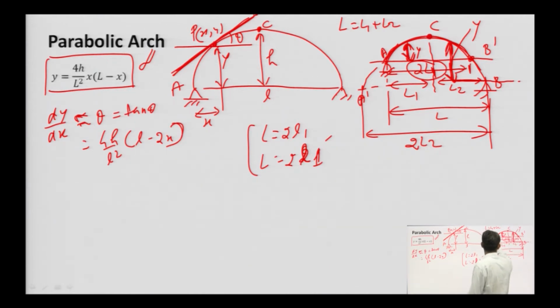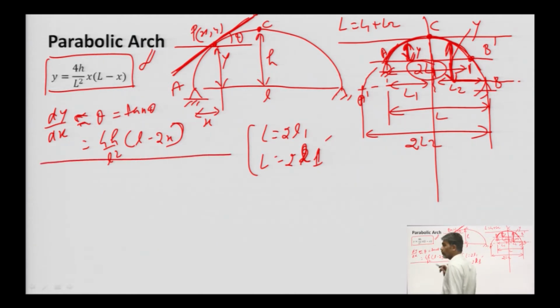Suppose taking this point C as origin, the equation of the parabola is y equals a x square.